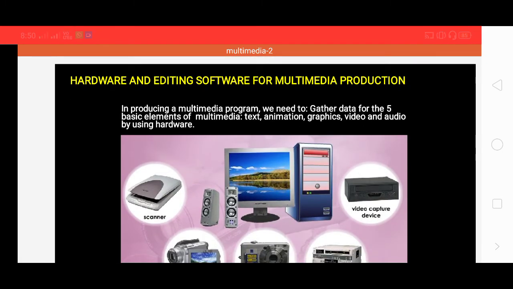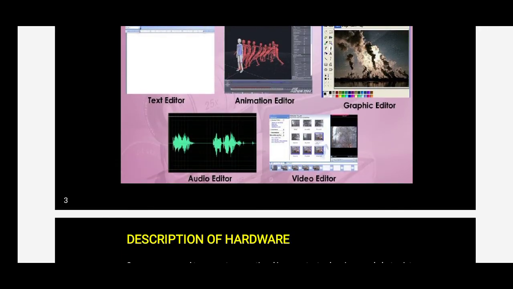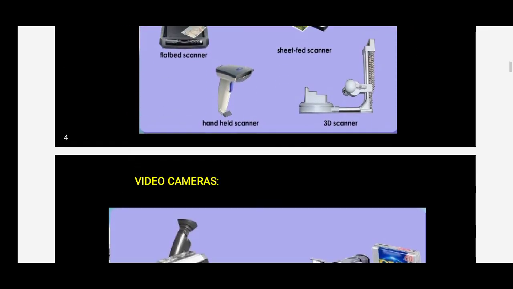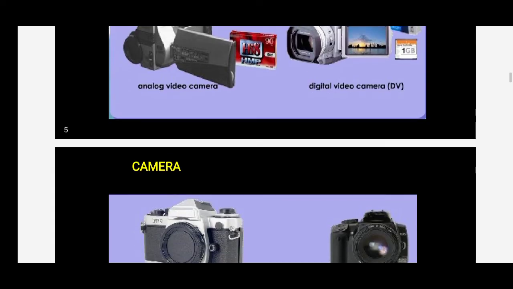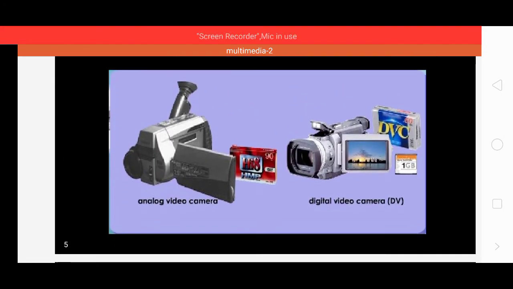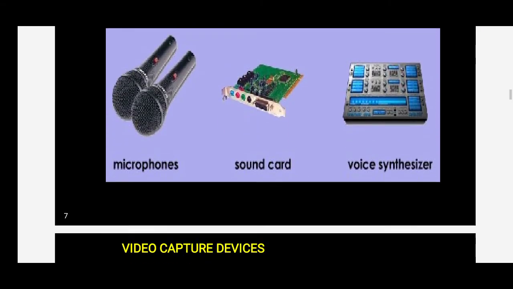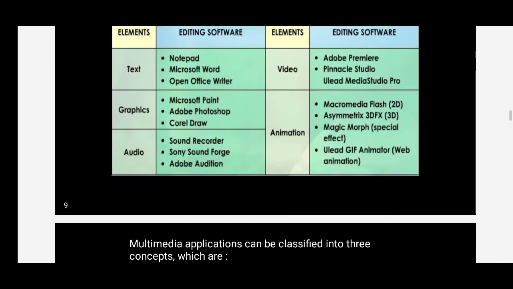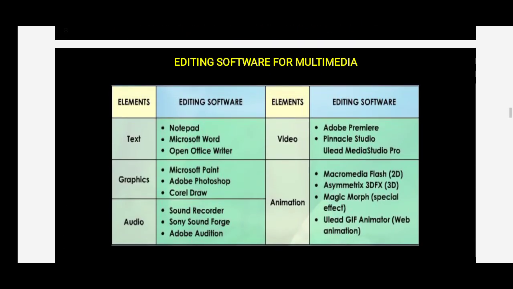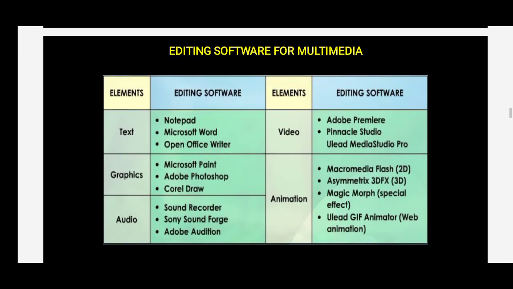Here we see the hardware and editing software in multimedia. In hardware we see these components: video cameras, audio devices and video capturing devices, and editing software for multimedia: text, graphics, audio, video and animation for editing purposes.